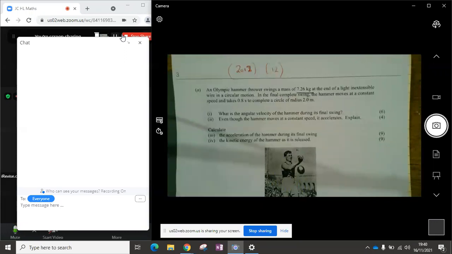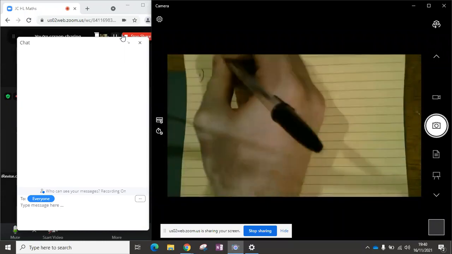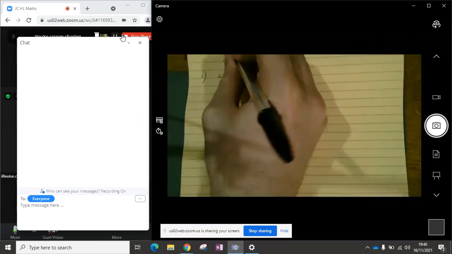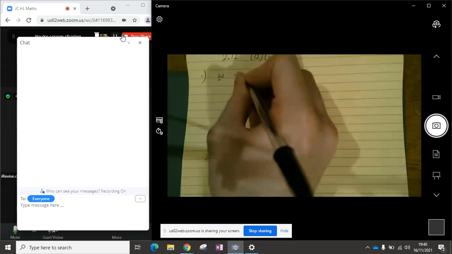Okay, so angular velocity, we know is omega. This is 2012, question 12a.